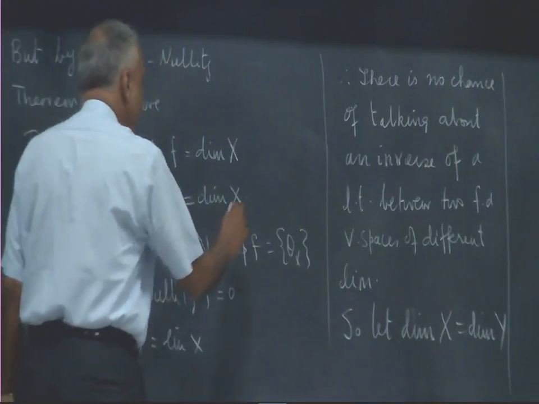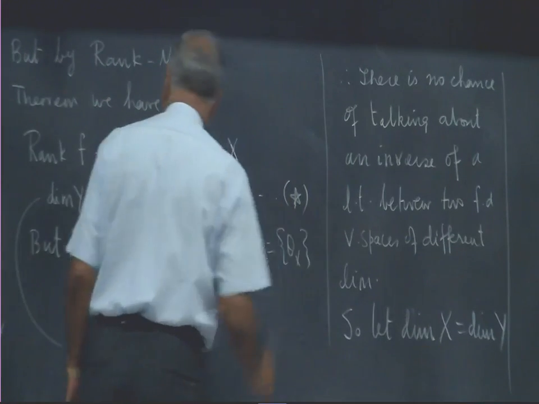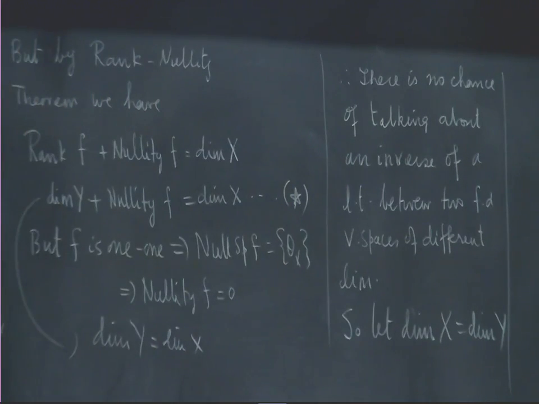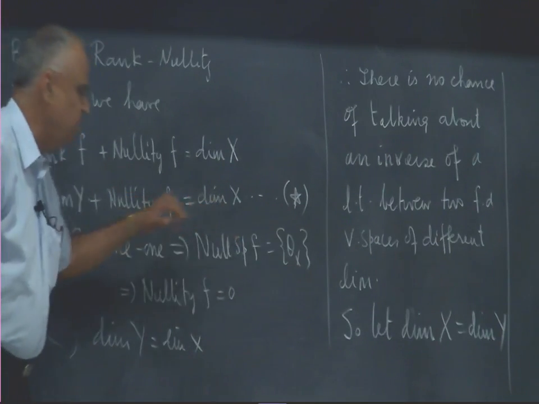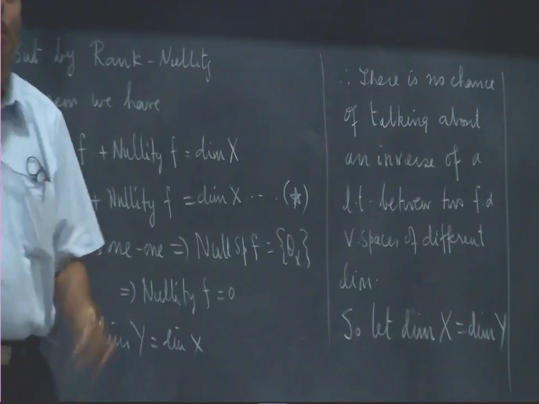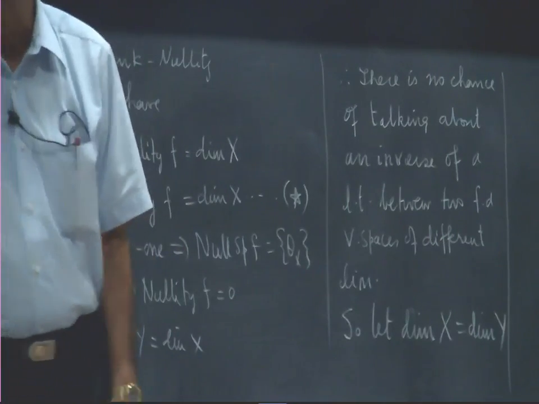Then what do I get from here? Onto always means this, but then if dimension x is equal to dimension y, that says nullity F is 0. So onto implies 1-1 automatically.